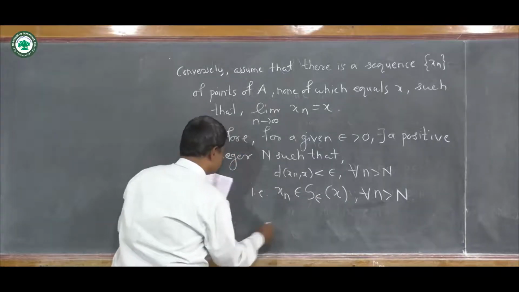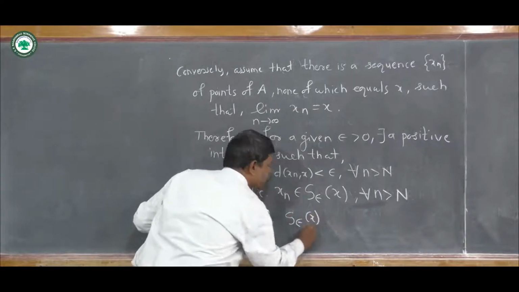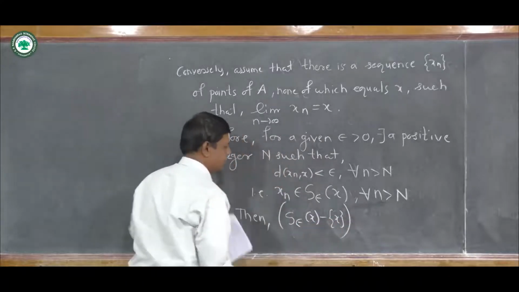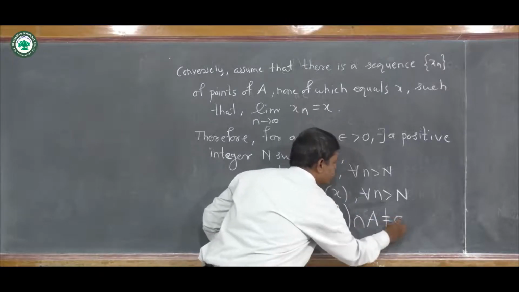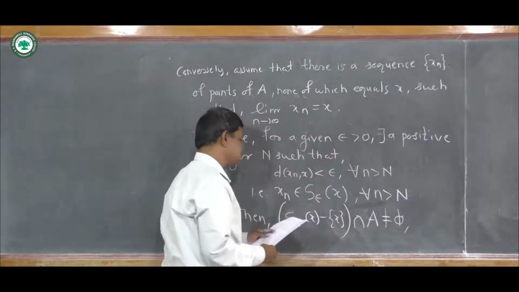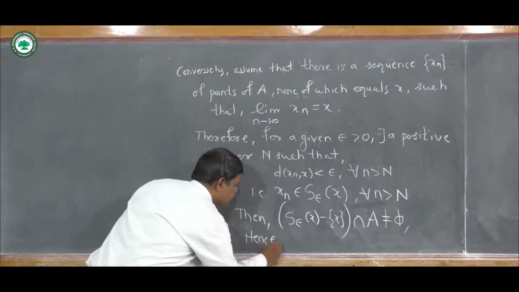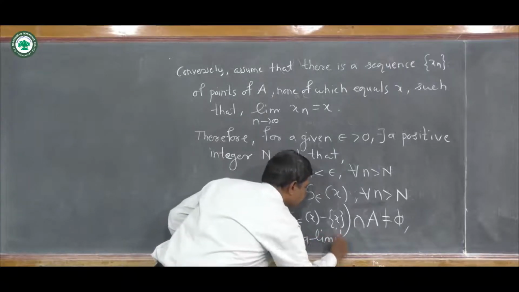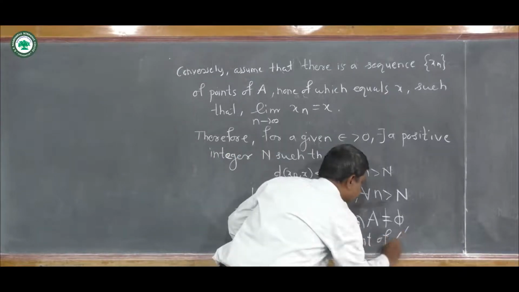So the meaning of this is that epsilon, x minus singleton x, that is the open sphere whose center is deleted, if you take its intersection with A, then this is non-empty. Hence x is a limit point of the set A.